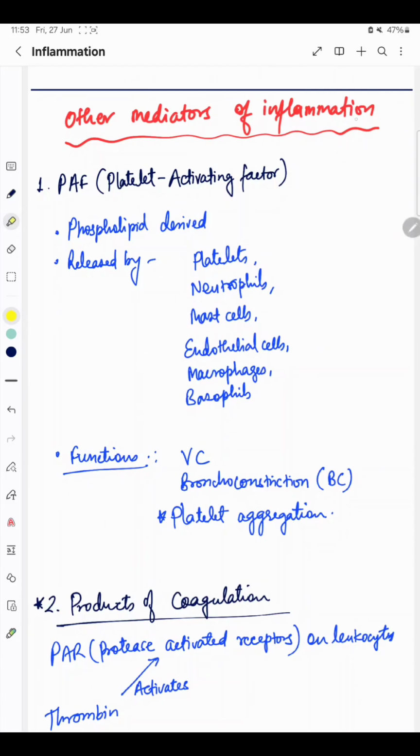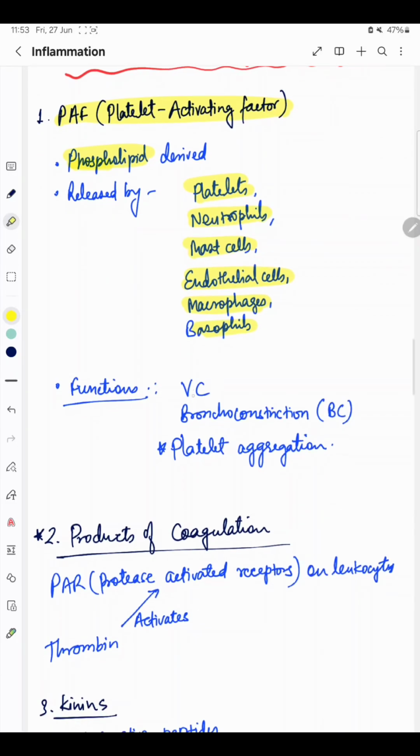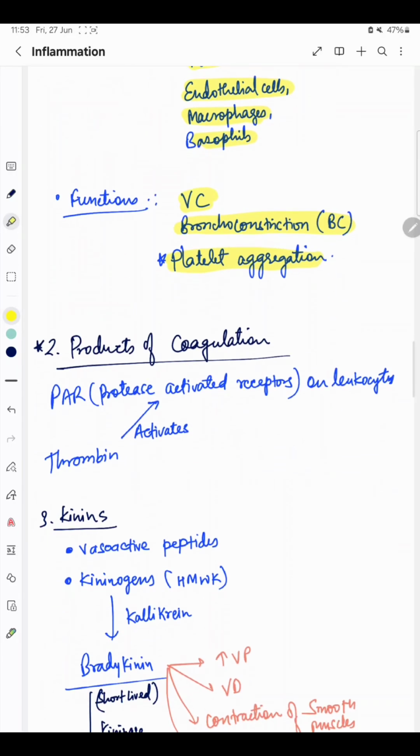Other mediators of inflammation: platelet activating factors. They are derived from phospholipid and released by platelets, neutrophils, mast cells, endothelial cells, macrophages and basophils. They act by vasoconstriction and are also responsible for bronchoconstriction and platelet aggregation. Coagulation products: protease activated receptors are activated by thrombin, and are present on leukocytes.